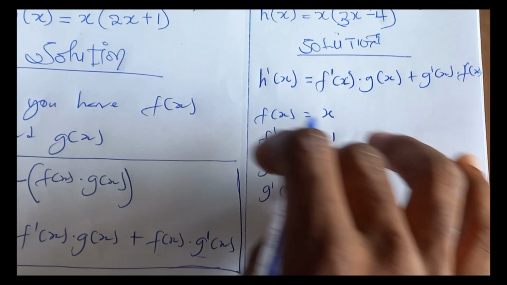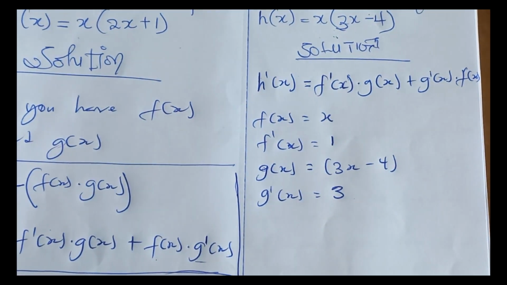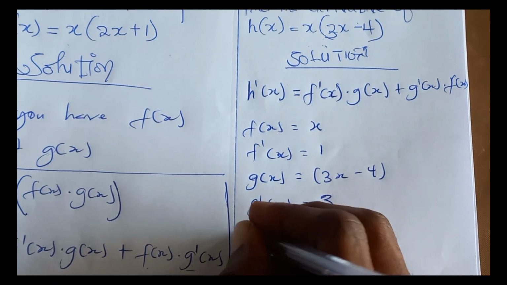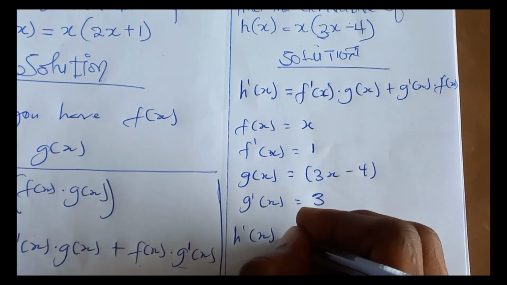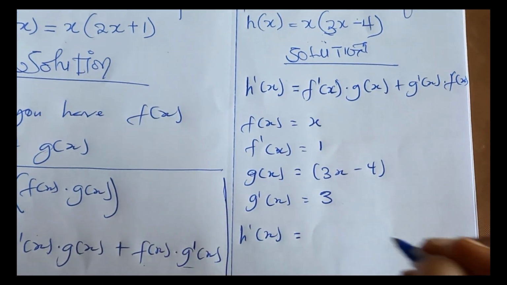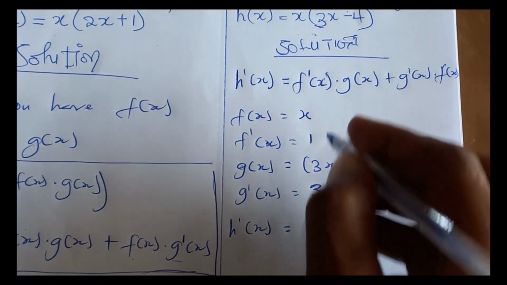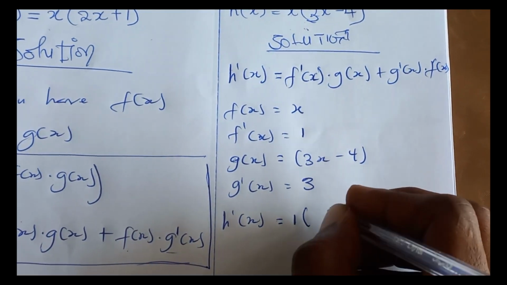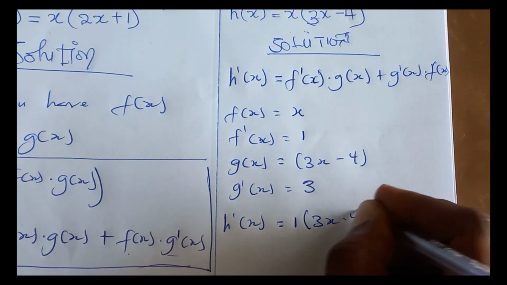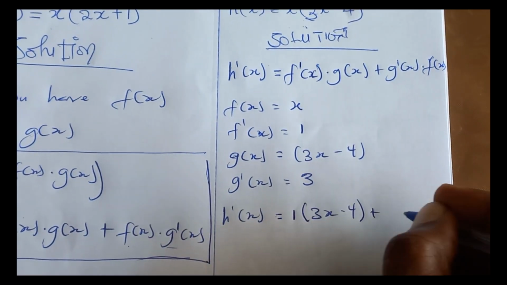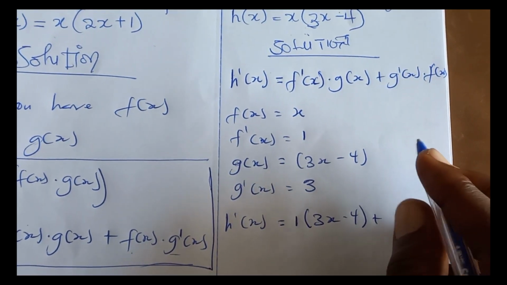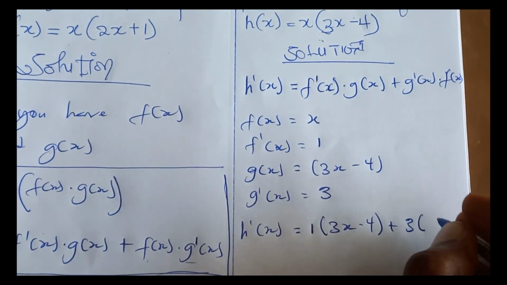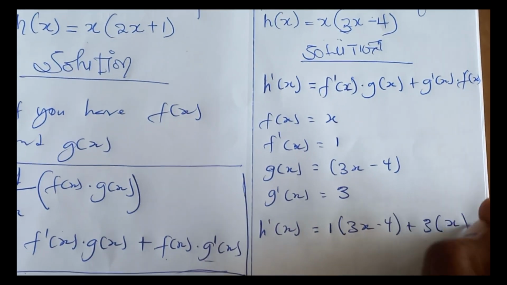Now we sub everything back into the formula. So you get h prime of x is equal to our f prime, which is 1, bracket g is 3x minus 4, plus g prime of x, we get 3, bracket f of x is x.